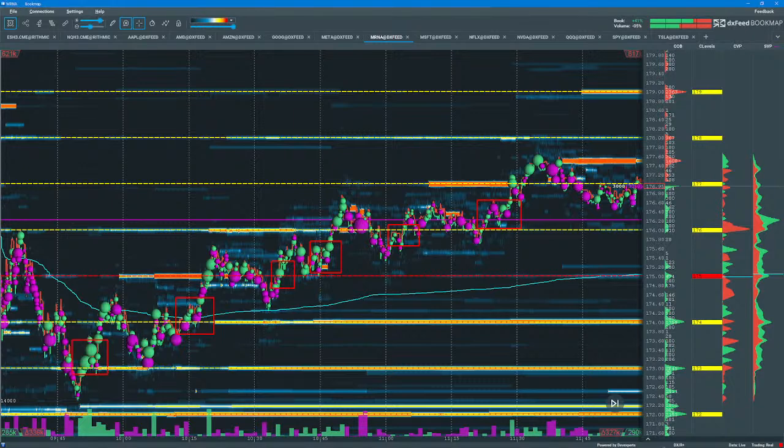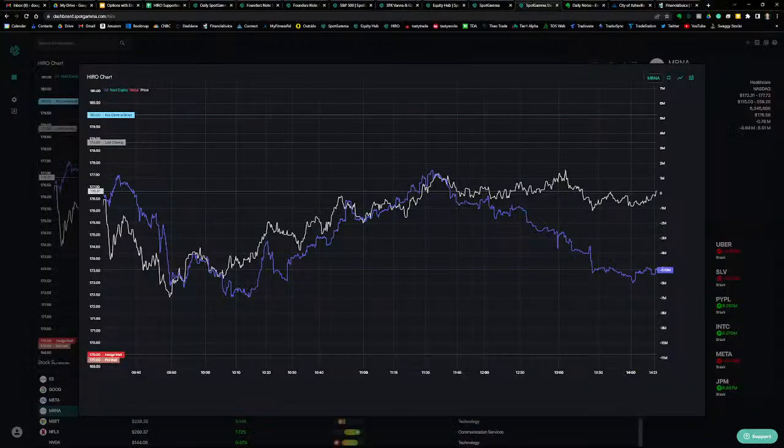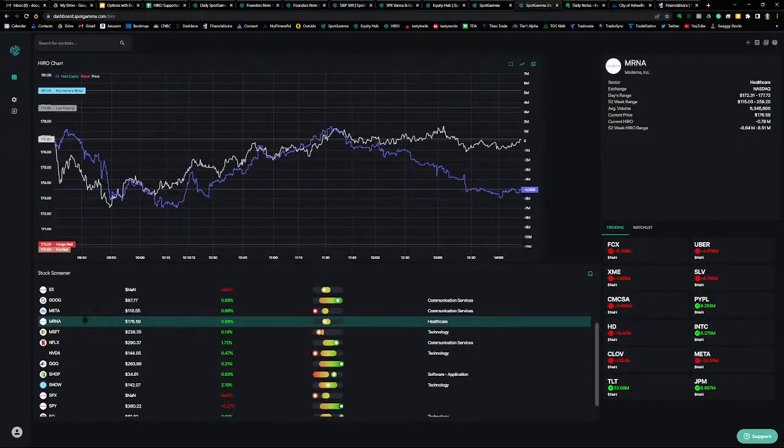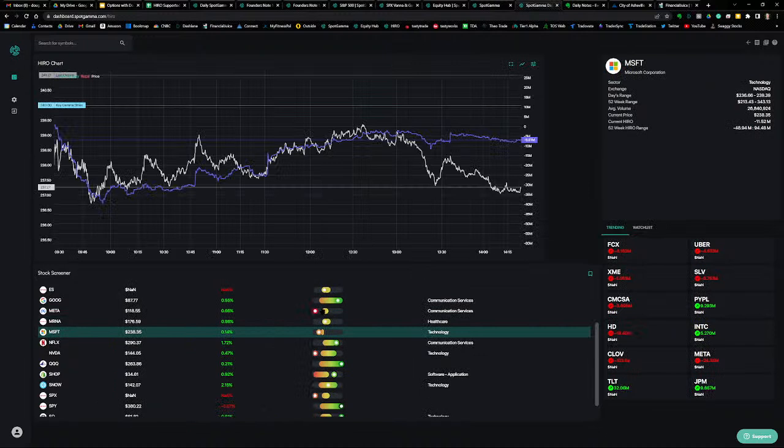Okay, so this is Moderna. Nice steady uptrend, a lot of pullbacks, made for good entries here. And let's go look at, so again, strong correlation as usual between price action and options trades in Moderna. And the next was Microsoft.